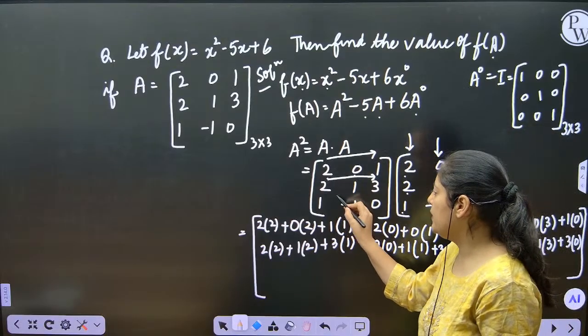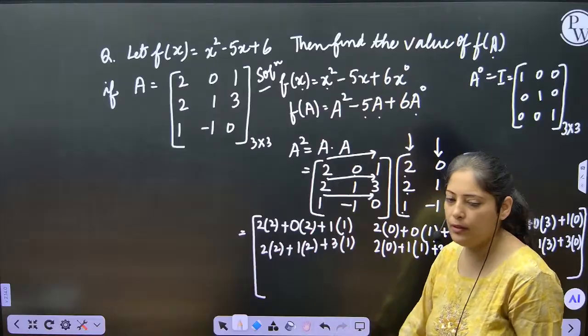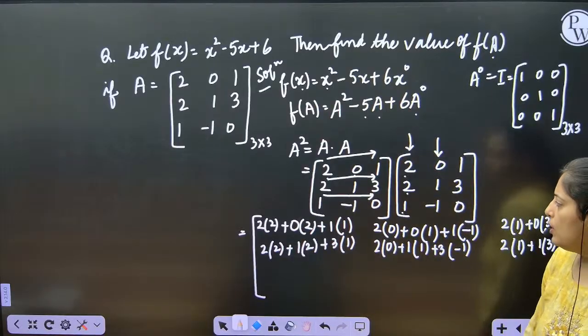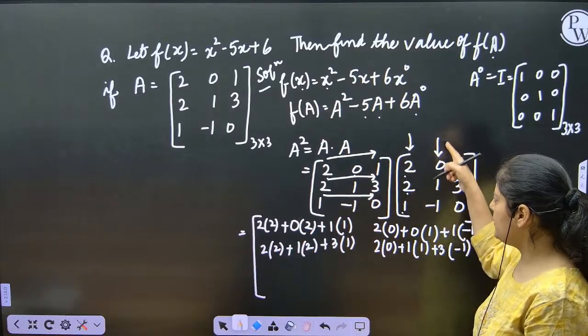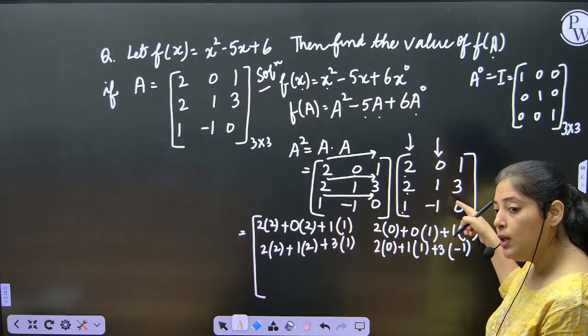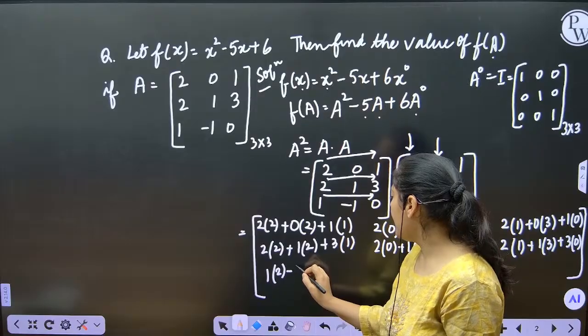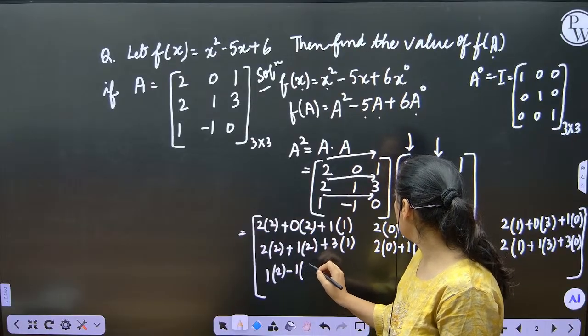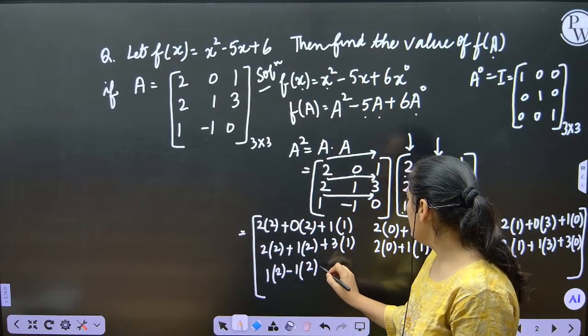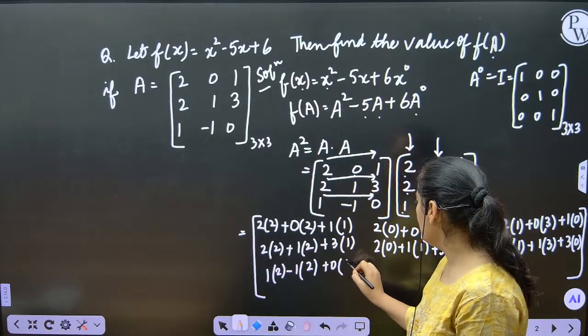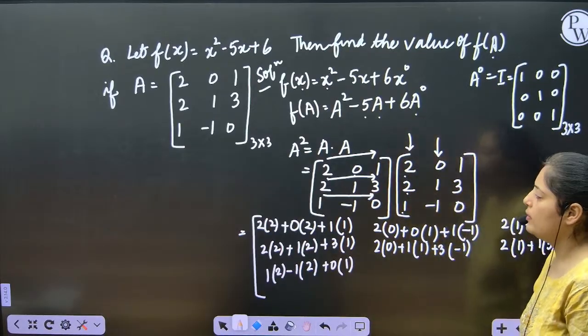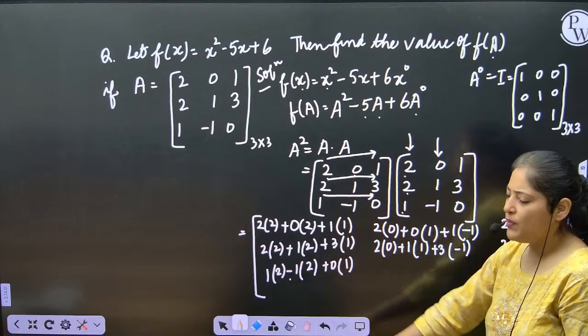Now we will deal with all the third row. Third row, first column, third row, second column, third row, third column. 1 into 2 minus 1 into 2 plus 0 into 1. Here plus minus will come out to be minus 1.